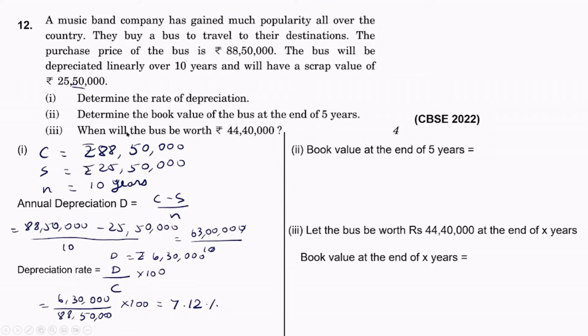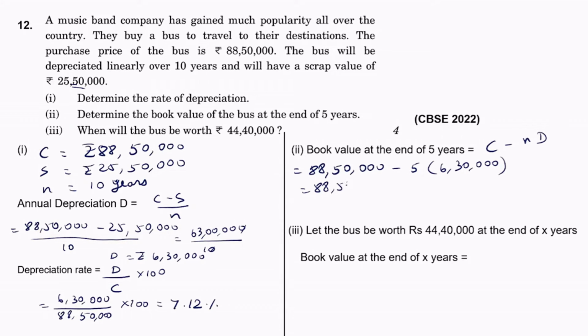Next we have determined the book value of the bus at the end of 5 years. So here book value at the end of 5 years, it is the original cost minus n into annual depreciation charge. Original cost is 88,50,000 minus 5 into annual depreciation is 6,30,000.